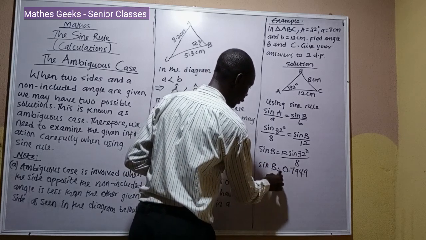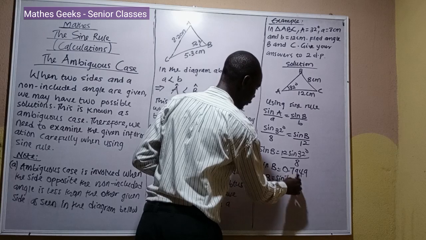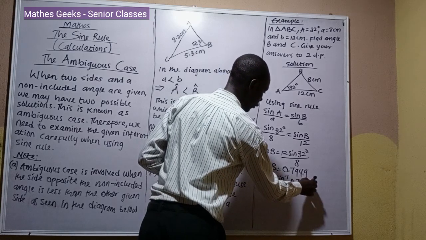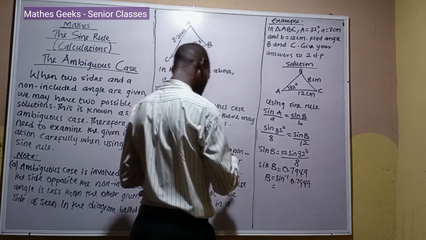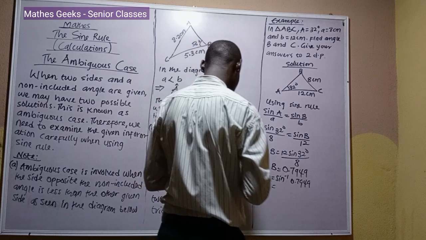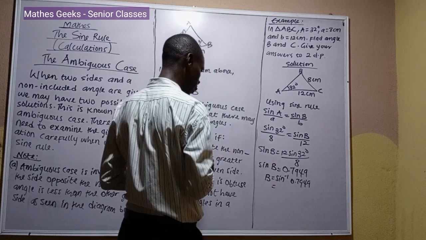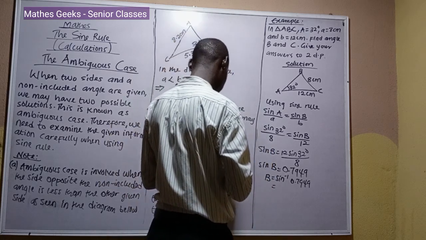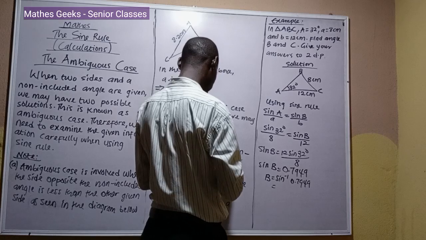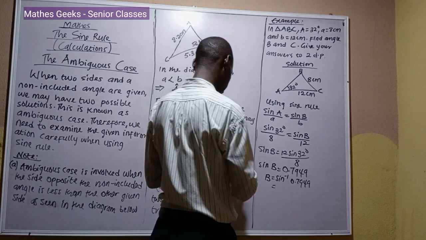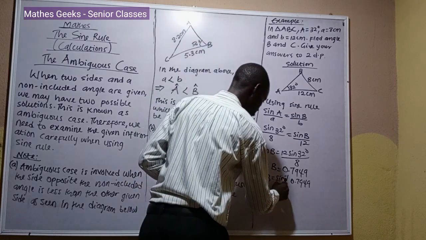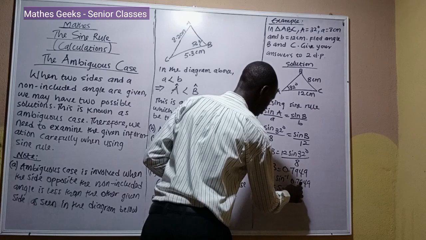So B is equal to arc sine 0.7949. So press shift in your calculator. You can get arc sine 0.7949, which is 52.6 degrees.